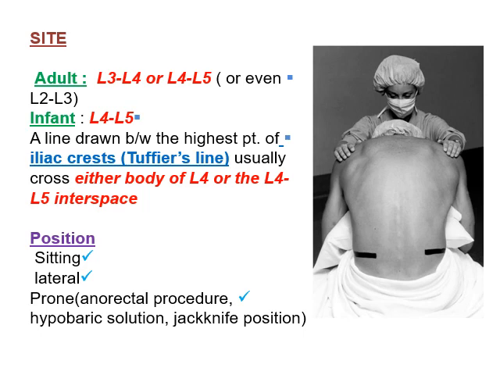As we see, this is the commonest position for spinal anesthesia, which is the sitting position. As we see also, this is the line joining the 2 iliac crests of the patient. Other positions for spinal anesthesia include lateral and prone position.